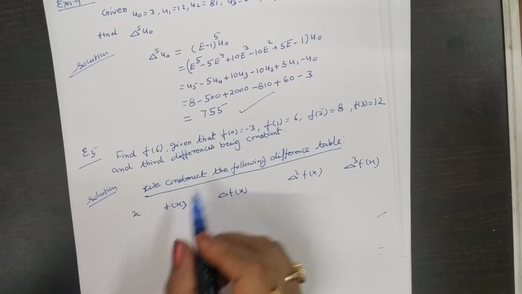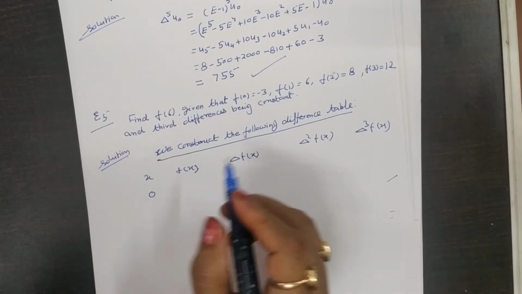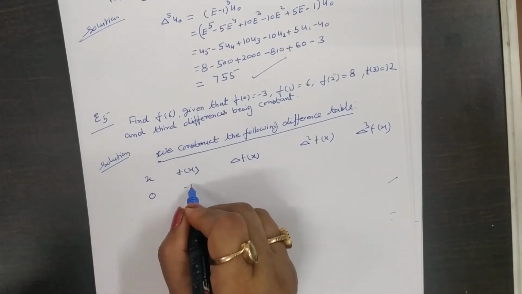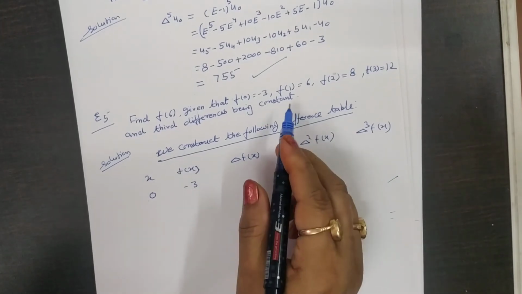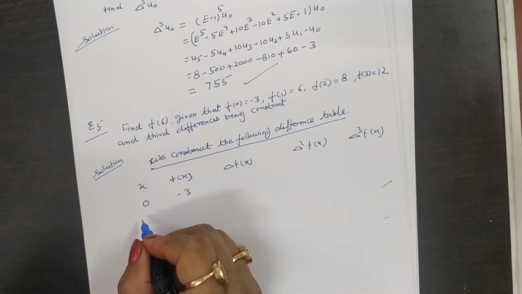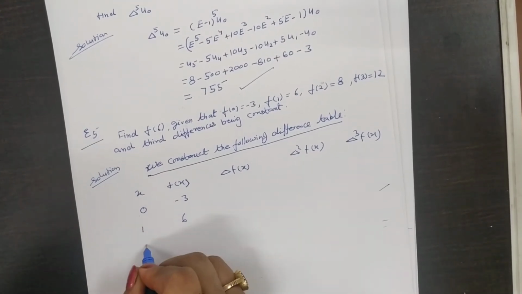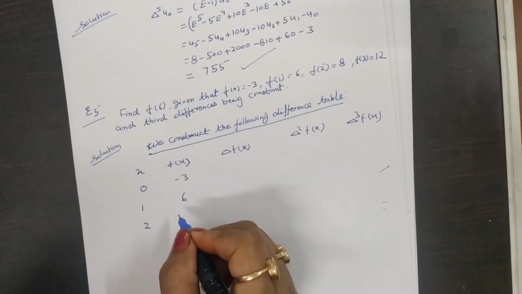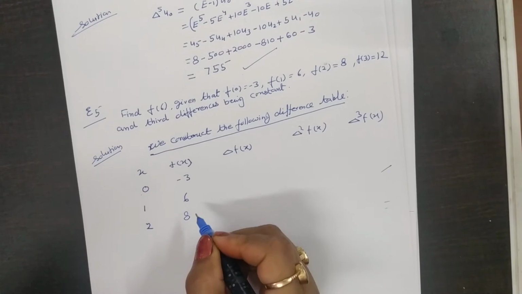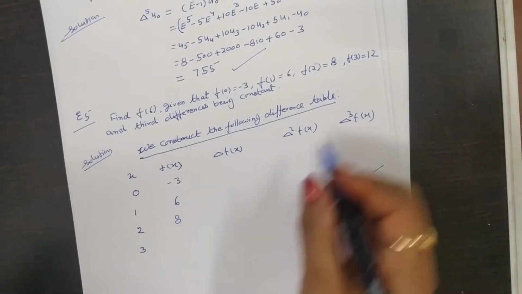Here x is 0, f of 0, then the value of the function is minus 3. When x is 1, f of x is 6, when x is 2, then f of 2 is 8, and if x is 3, then this one is 12.